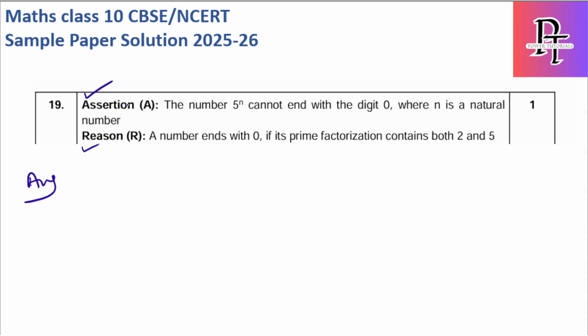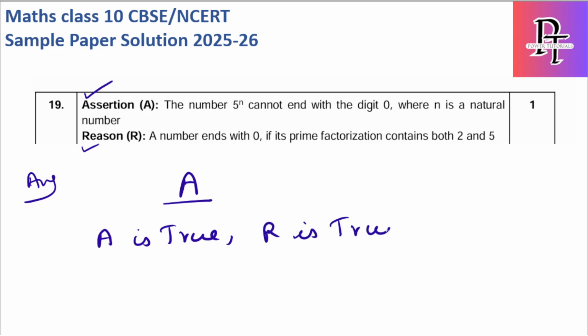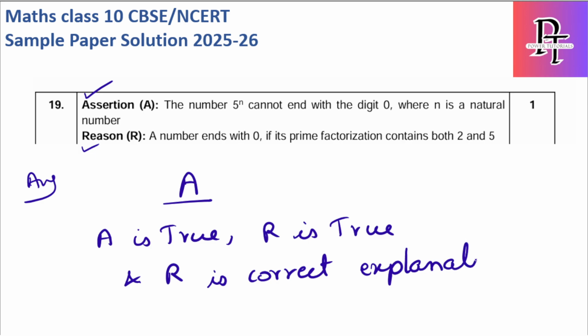As the assertion is correct and the reason is exactly related to it, I will say the answer is A, where A is true, R is true, and R is the correct explanation of A.